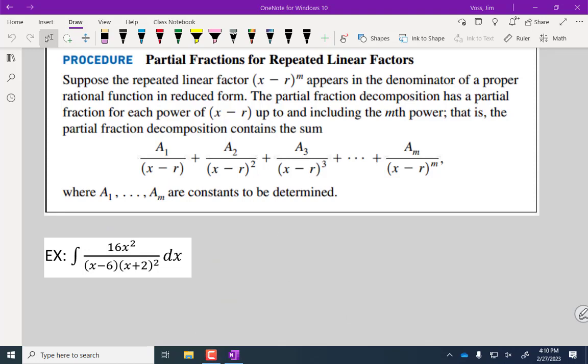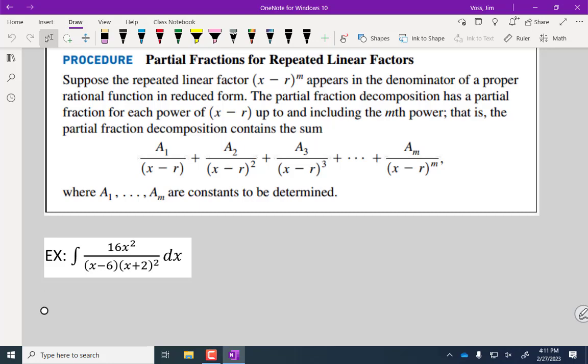So what this next slide is showing is that if you have a repeated root, and that's what this square says here, right? That means a repeated root. You have x plus 2 repeated. If the power is not 1, you have a repeated root.